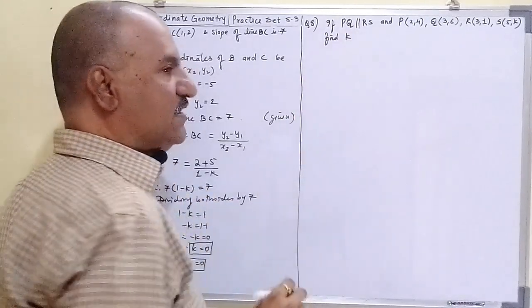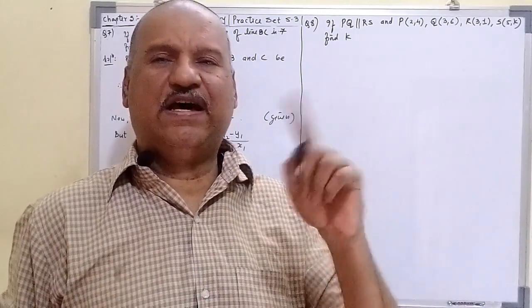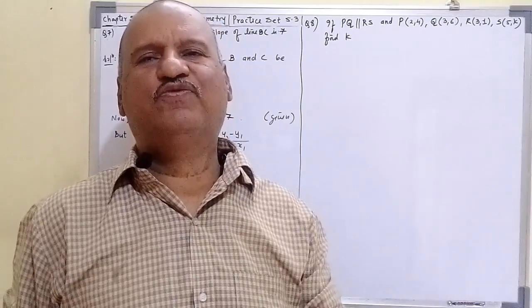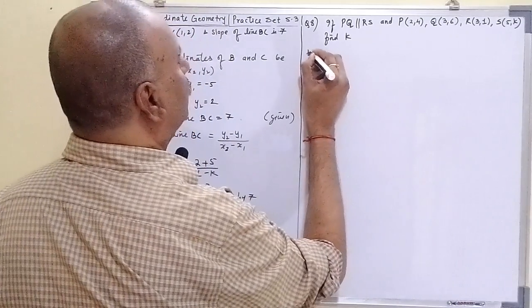हमें PQ और RS का स्लोप निकालना होगा. Since PQ and RS are parallel to each other, their slopes will be equal. इक्वेट करके सॉल्व करना है. Solution.